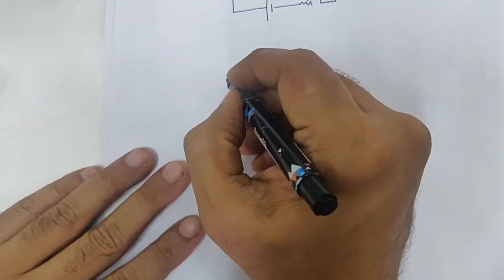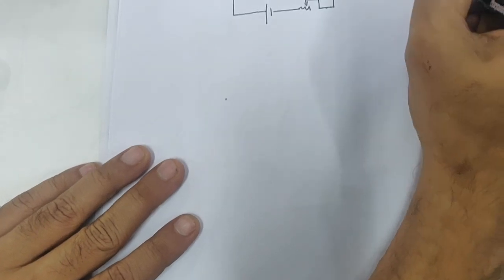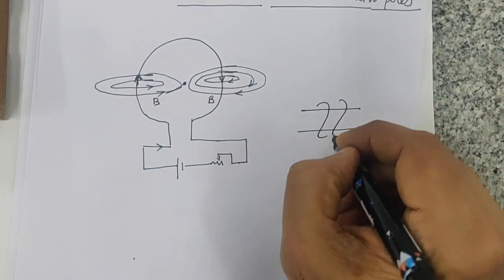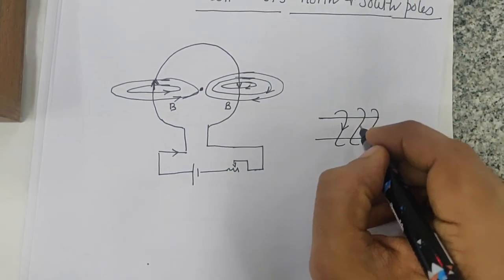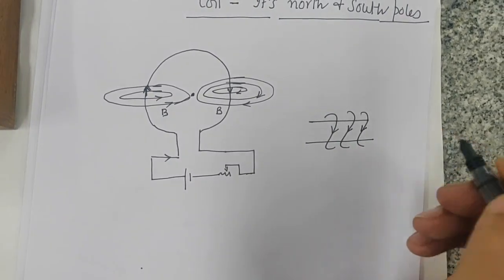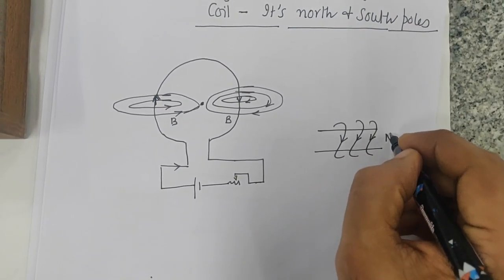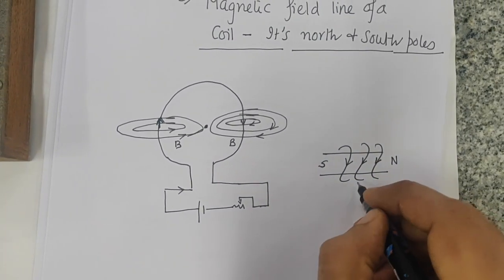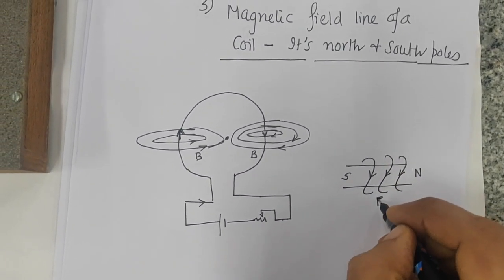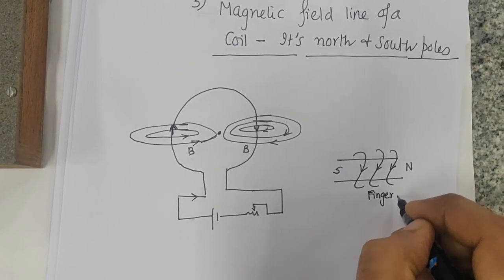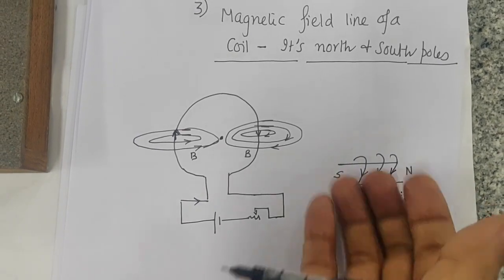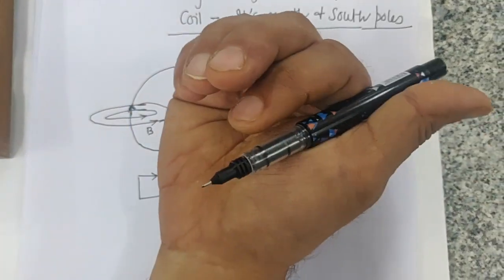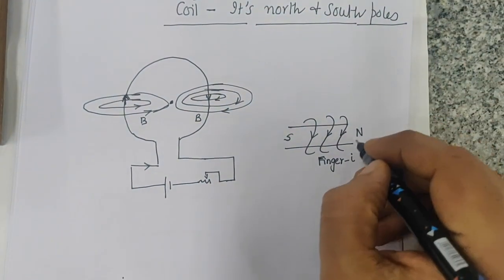This is very similar to a solenoid. In a solenoid, you have a number of coils passing current, and your north is here and south is here. Here you curl your fingers: your fingers represent the current in the right hand, and your thumb shows the direction of the magnetic field.